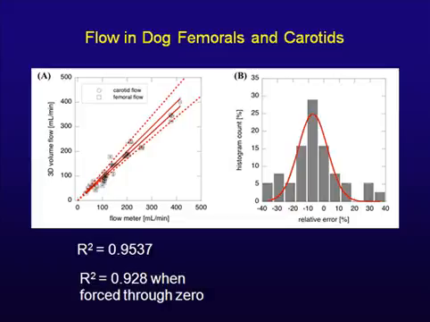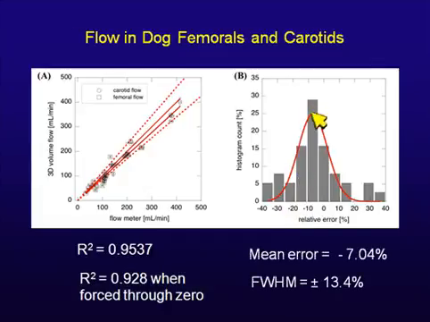The R squared was 0.95, and if you force the line through 0, the R squared is still a very respectable 0.93. If you distribute the error, you get a mean error of minus 7%. However, this is still unbiased because the standard deviation is plus or minus 9%. The full width at half maximum is plus or minus 13%. So this is a very good estimate.